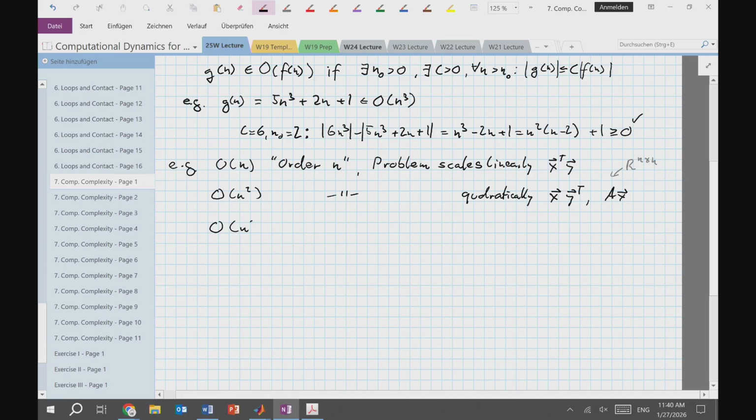Cubic. You have an example here for something where you need three nested for loops. A vector pre-multiplied and post-multiplied by a matrix.